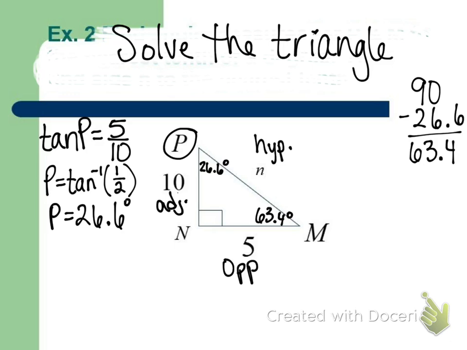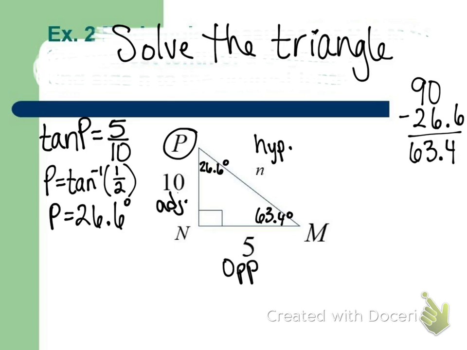We still have to find the hypotenuse. To solve a triangle, we have to know every single side and every single angle. We've got all the sides. Sorry, we've got all the angles. We're still missing a side. Jaden? That's a good idea. We have options again here.